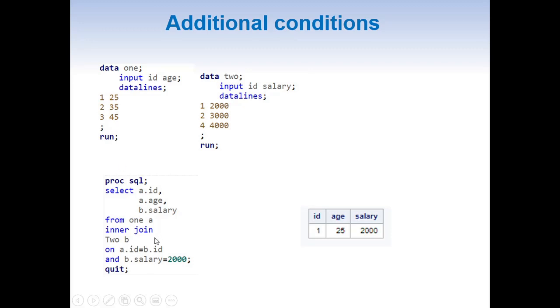First, when a.id equal to b.id, and also b.salary is 2000. Only this condition matches, only for id equal to 1, and I have a.id, a.age and b.salary in my select clause, so you can see the result as shown in here.